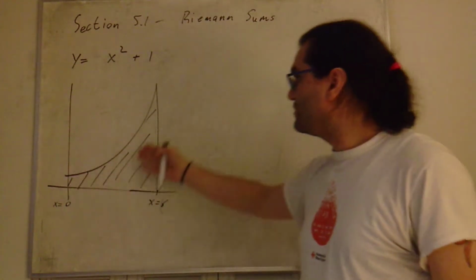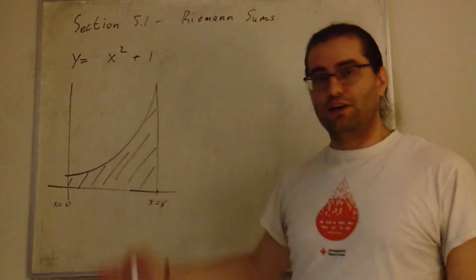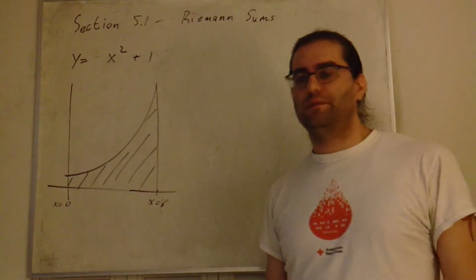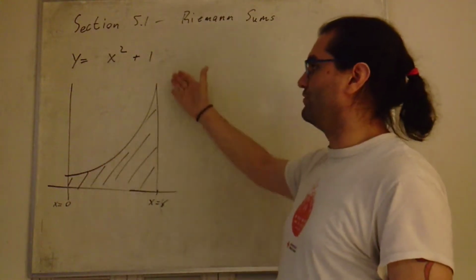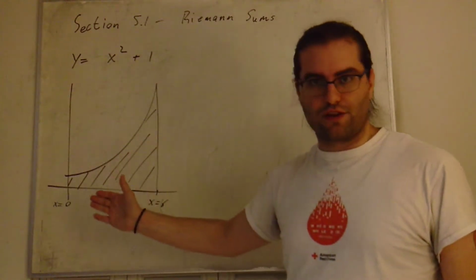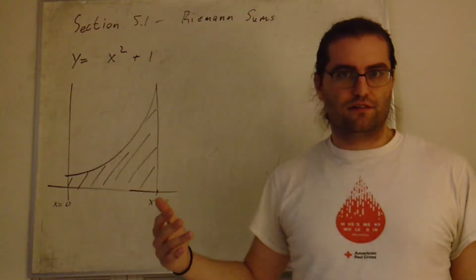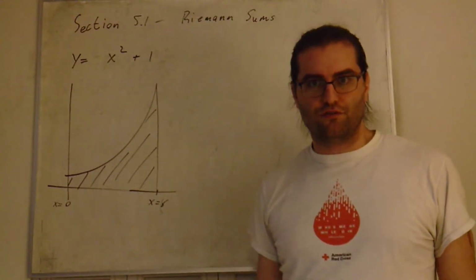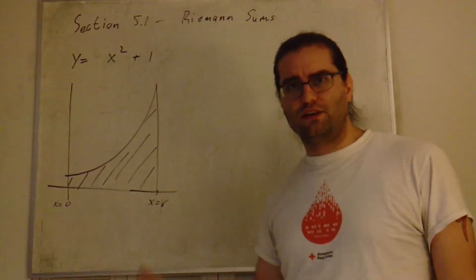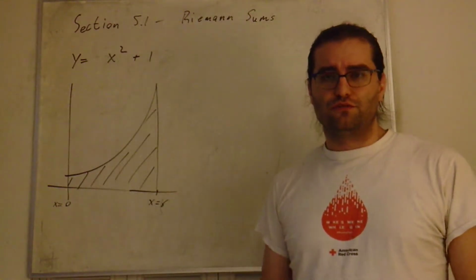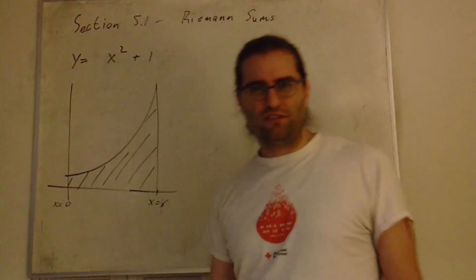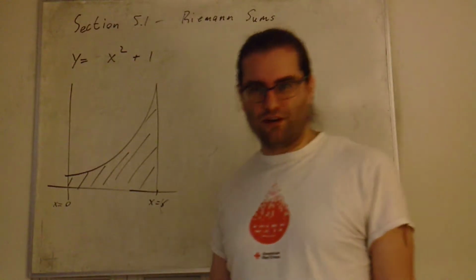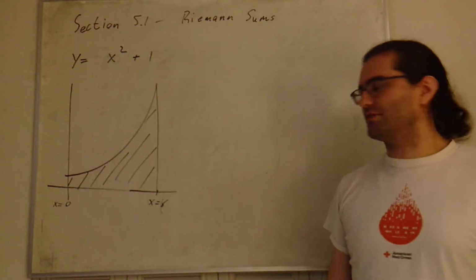The shape you get when you do this area is not a reasonable looking shape. Underneath a parabola-ish looking thing is not a shape that we have area formulas for. If this were a rectangle or a triangle, we could use rectangle or triangle area formulas. Even if it's a hexagon, we could invent an area of a hexagon formula without too much difficulty.